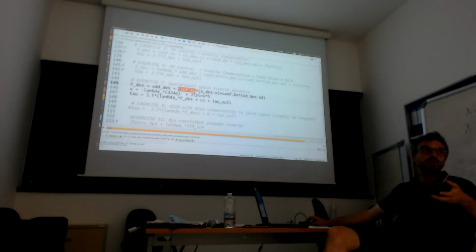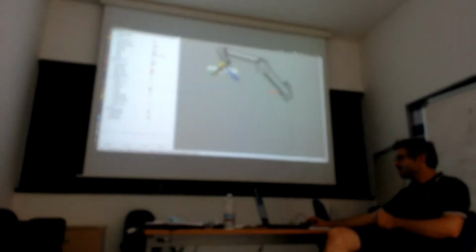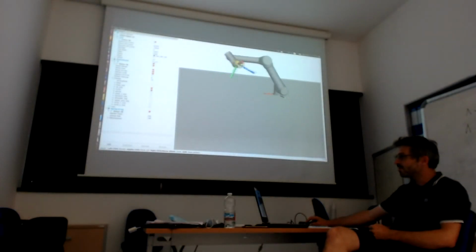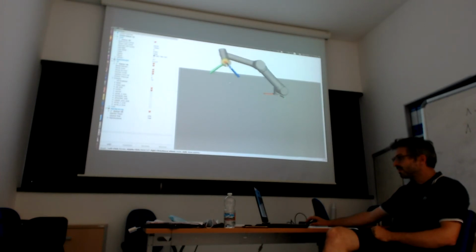So you're removing completely the dynamics of the system. I don't do that because I'm lazy, but you can see at least that the behavior should remove the coupling effect that we had before.